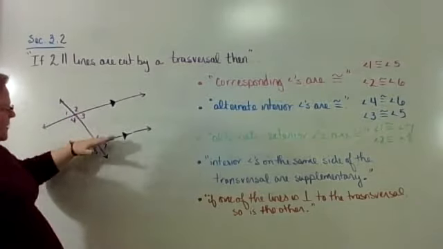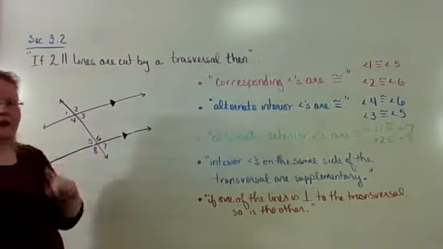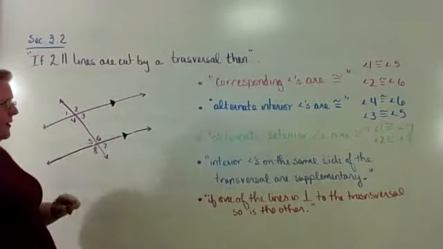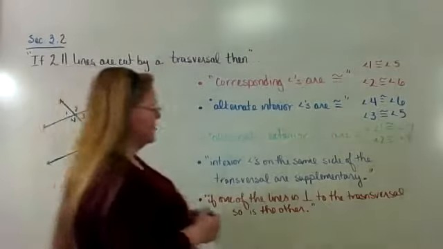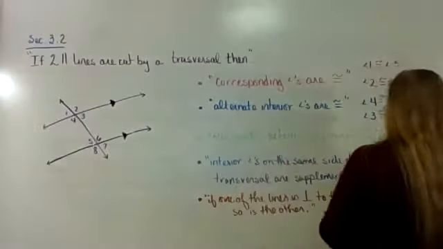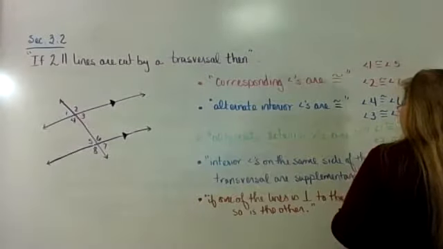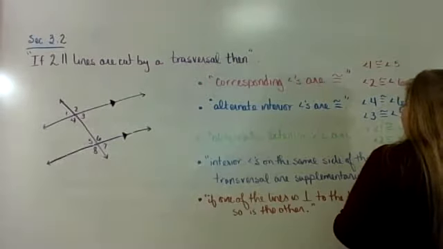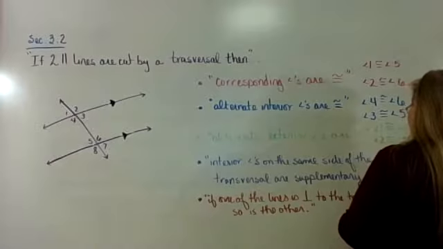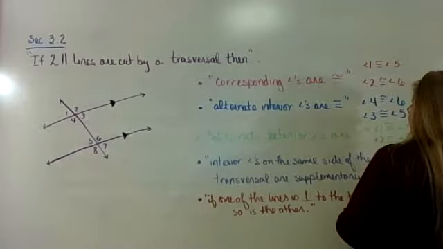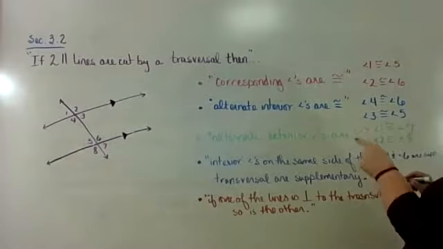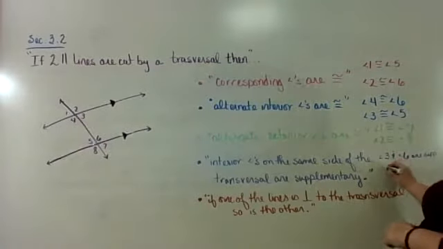So since they don't share that same line, they cannot be a linear pair, but they are supplementary angles. So angle 3 and 6 are supplementary. And then, since we're talking about interior angles, angle 4 and angle 5.